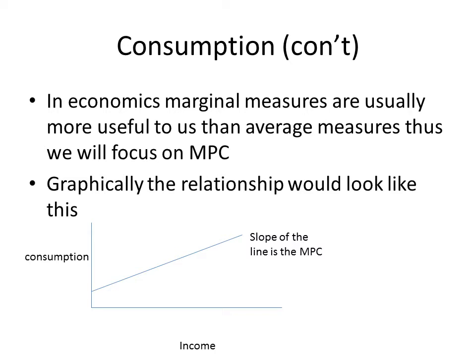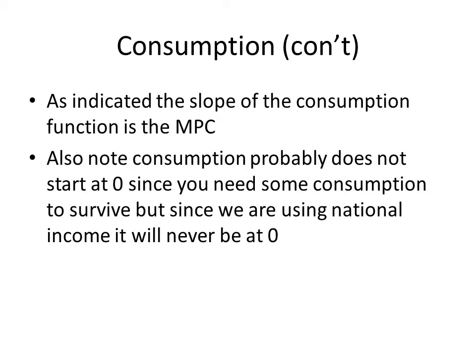Graphically, the relationship would look something like this one below. We see consumption on the vertical axis, income on the horizontal axis, and the slope of that line is going to be the MPC. Notice it starts above zero, although national income is never going to drop to zero. In theory, this suggests that you will have some consumption even when income drops to zero, simply because you have to continue to consume something.